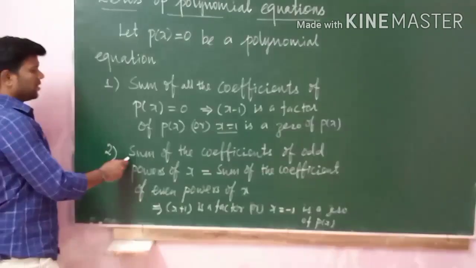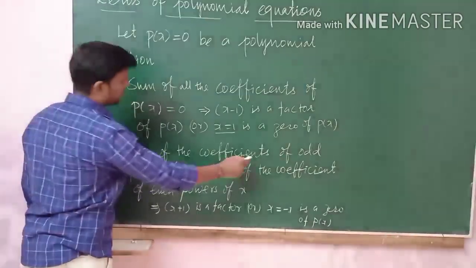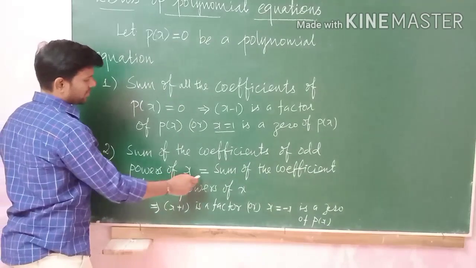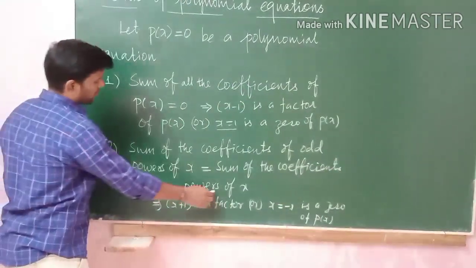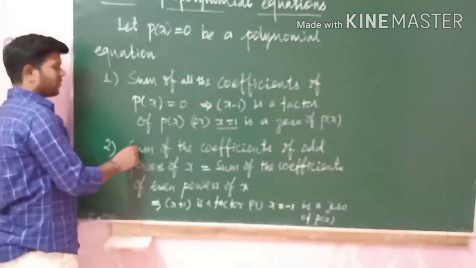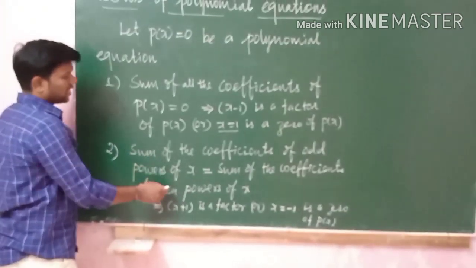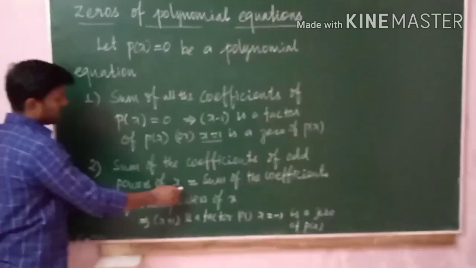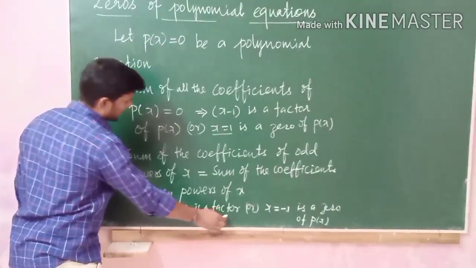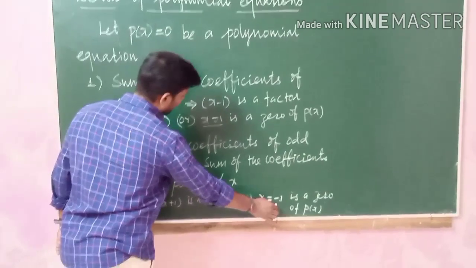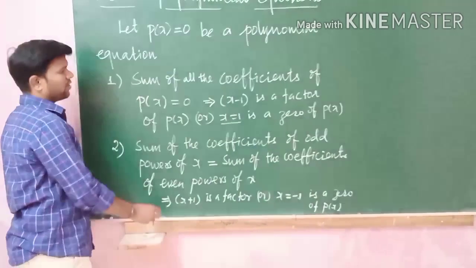Next property: sum of the coefficients of odd powers of x equal to sum of the coefficients of even powers of x, then we can say that x plus 1 is a factor, or x is equal to minus 1 is a 0 of p of x.